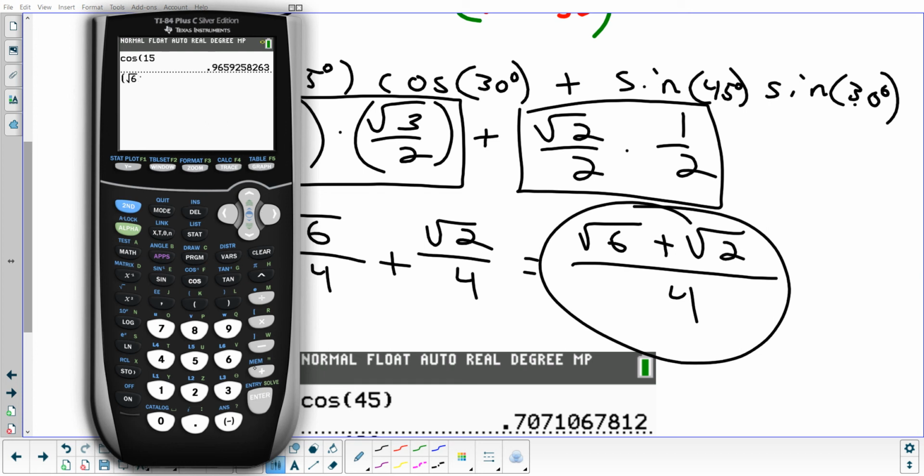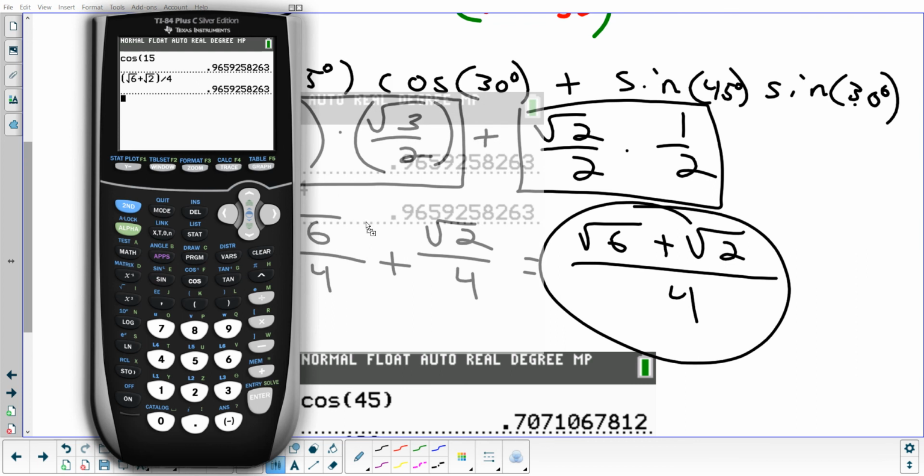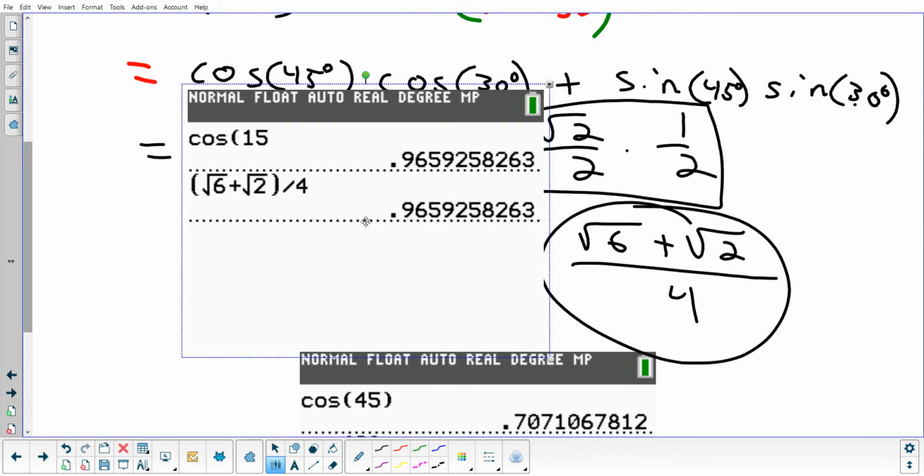Square root of 6 plus square root of 2, sorry, I messed that up. Square root of 2. And we're going to divide by 4. You can see cosine of 15 and what we got, it's exactly the same thing. So we know we did it right.